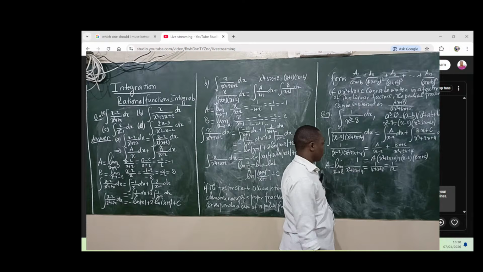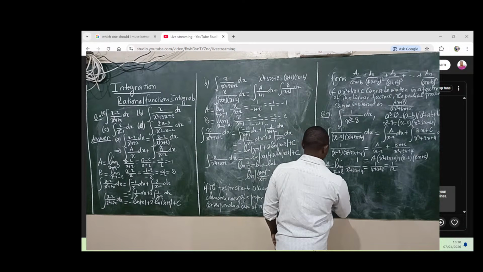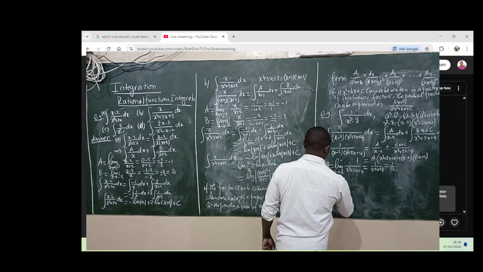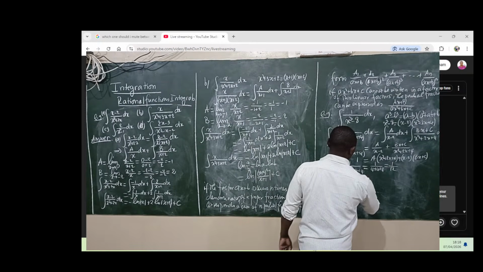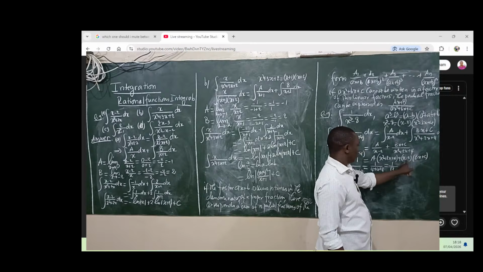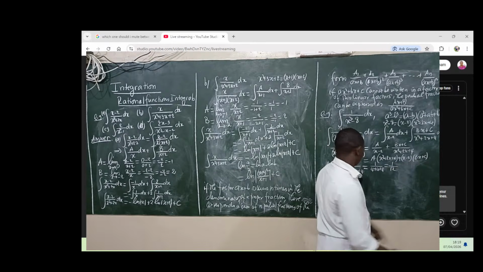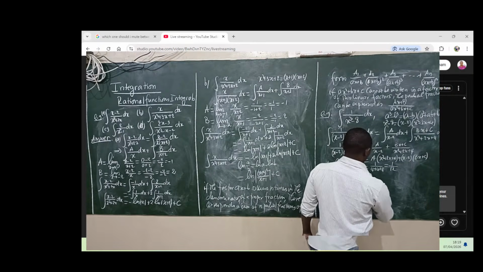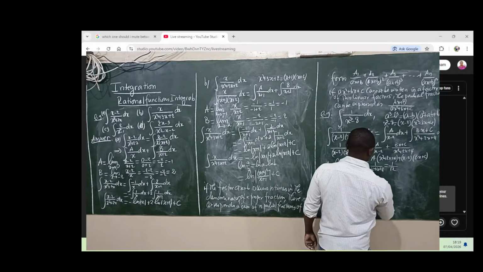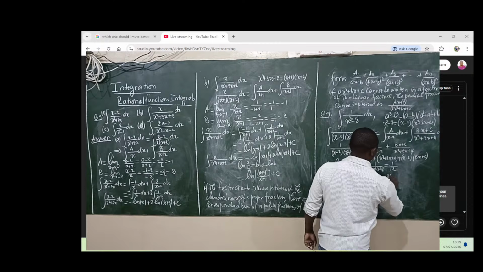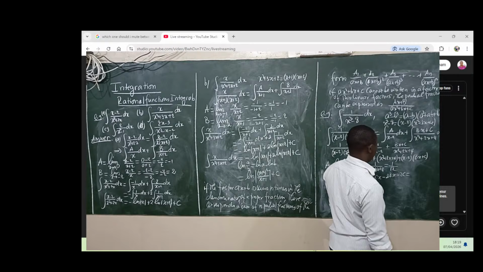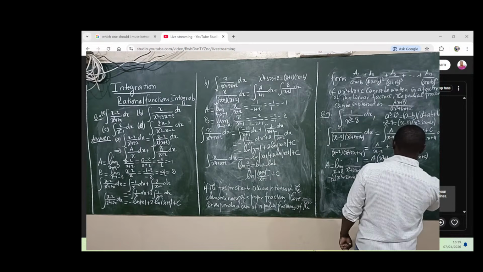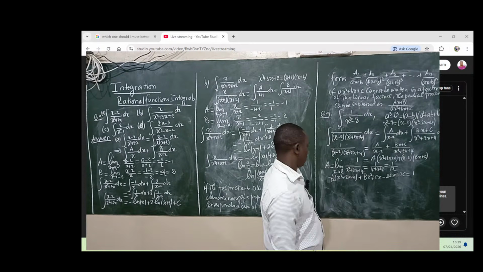Means 1 by 12 into x squared plus 2x plus 4. Let's multiply here. x times bx, that is bx squared, plus x times c, that is cx, minus 2bx plus minus 2c. And this is 1 because here is 1. We got A's value, we need the b value.